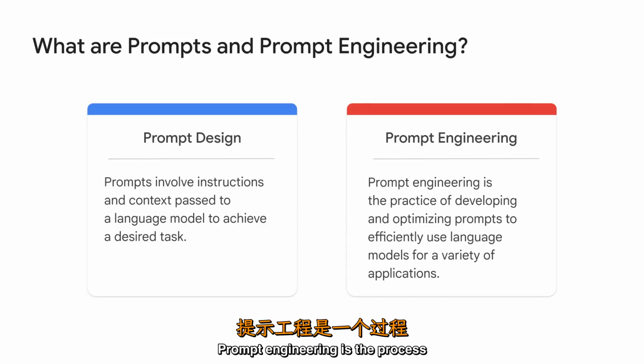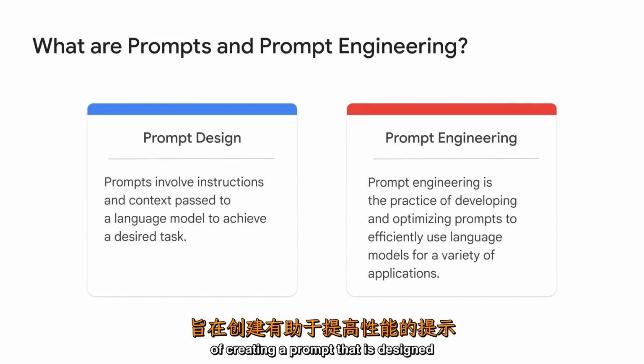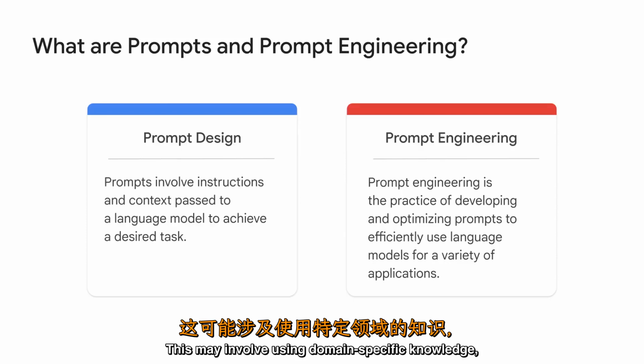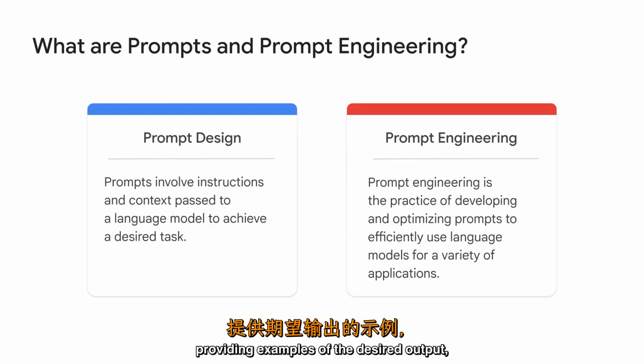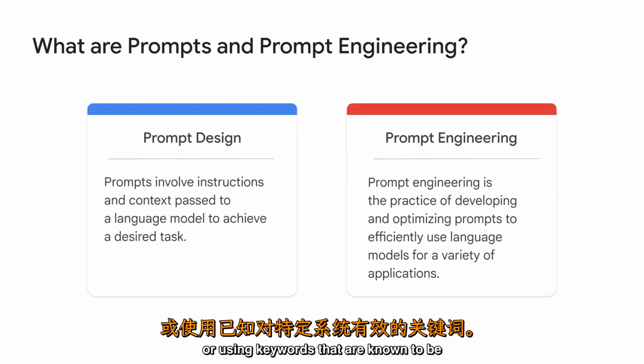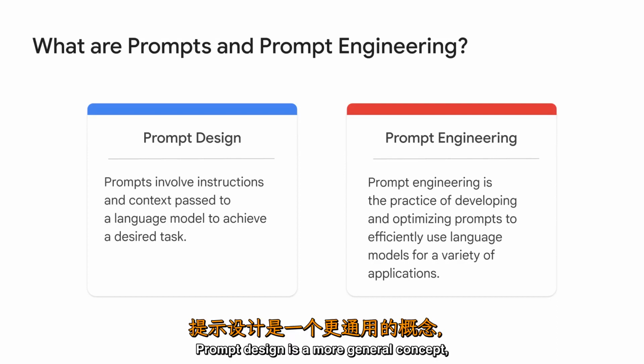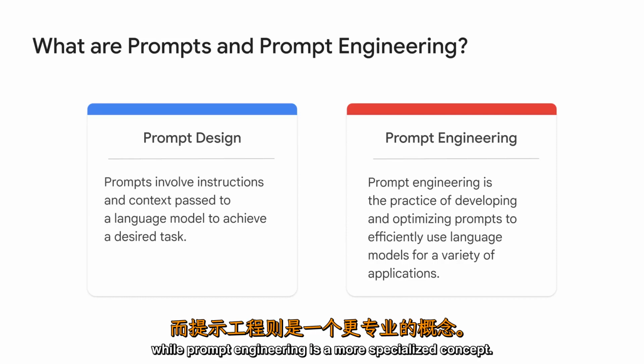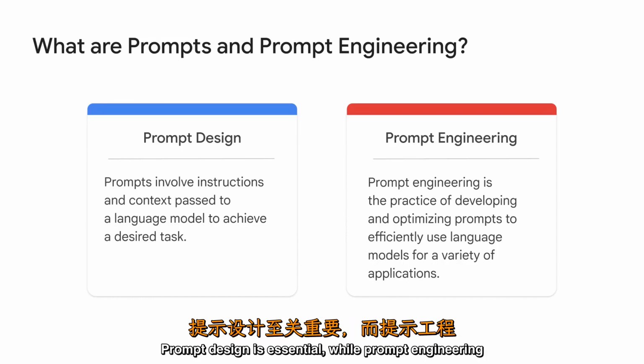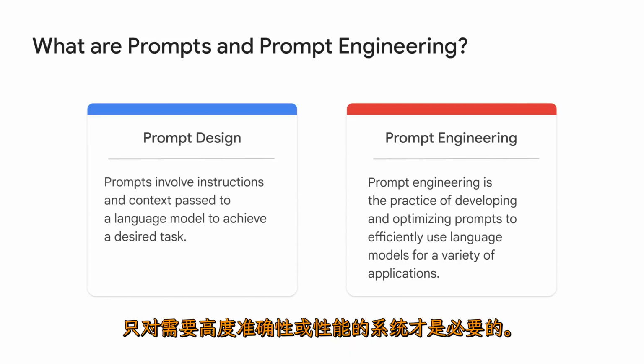Prompt engineering is the process of creating a prompt that is designed to improve performance. This may involve using domain-specific knowledge, providing examples of the desired output, or using keywords that are known to be effective for the specific system. Prompt design is a more general concept, while prompt engineering is a more specialized concept. Prompt design is essential, while prompt engineering is only necessary for systems that require a high degree of accuracy or performance.